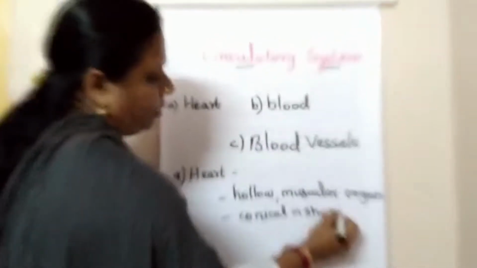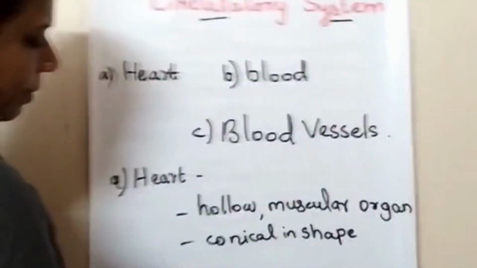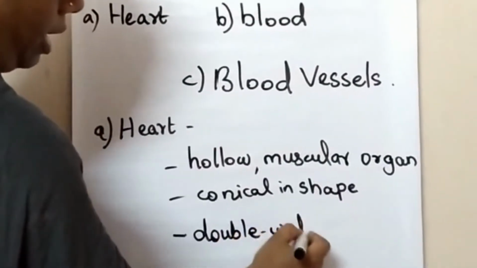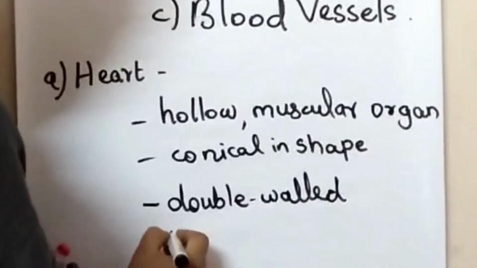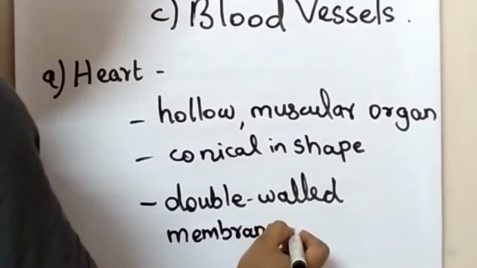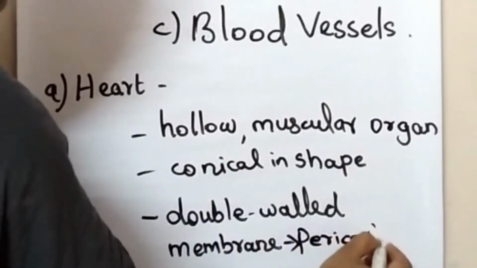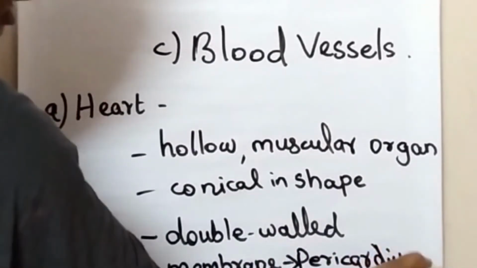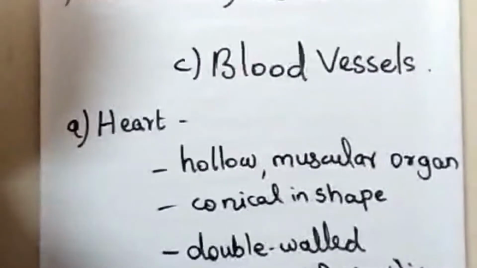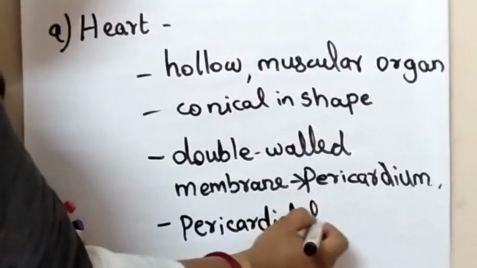and the heart is covered by a double-walled membrane called pericardium. And the space between the membrane is filled with a fluid called pericardial fluid.